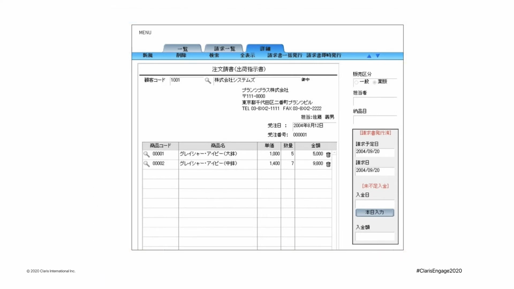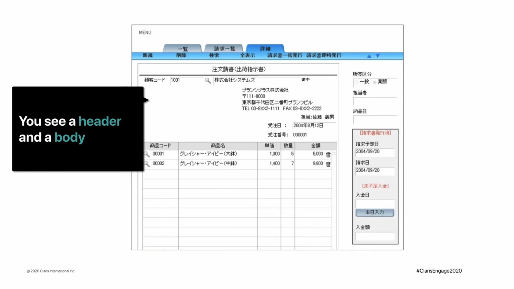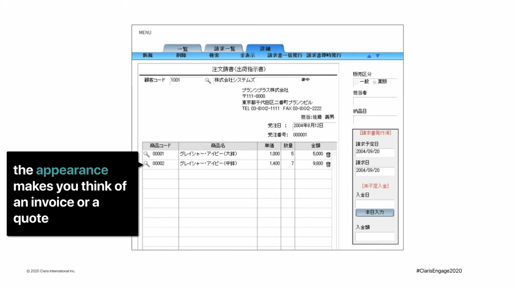From top to bottom, I guess on the top is the navigation bar because of the tabs. I guess there's a header and probably on the bottom a body. The table reminds me of a quote or an invoice.